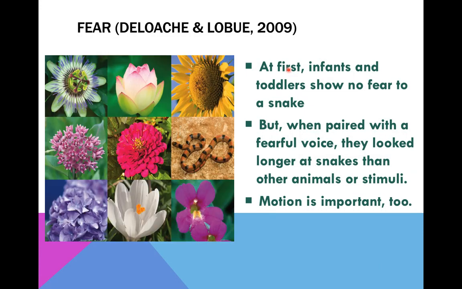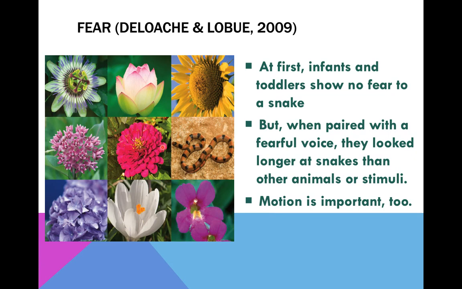In another study, also by DeLoache and LoBue, they had older children look at images like this, where it's a 3x3 matrix, right? 3 images by 3 images. And what they have to do essentially is find the snake, or find the image that is different, right?